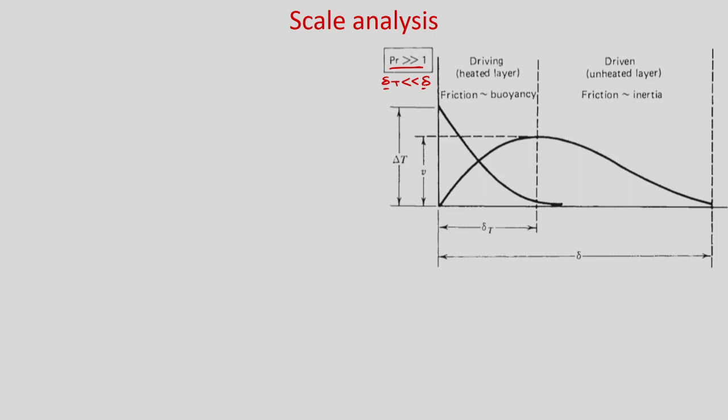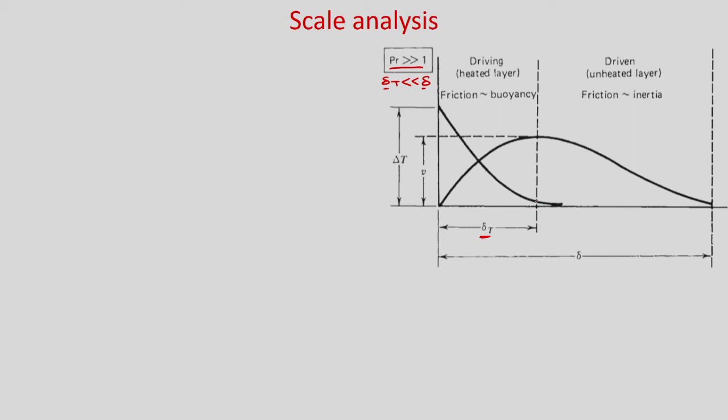So, temperature will vary, it will be high at the wall and gradually decrease, and in the quiescent medium the temperature is T infinity and delta t will almost become 0. So, this is the variation of temperature inside the thermal boundary layer, but as delta is much greater than delta t, the effect of velocity will still be there outside this thermal boundary layer.